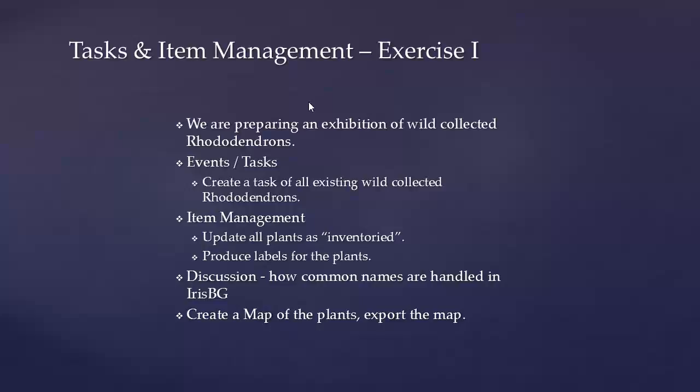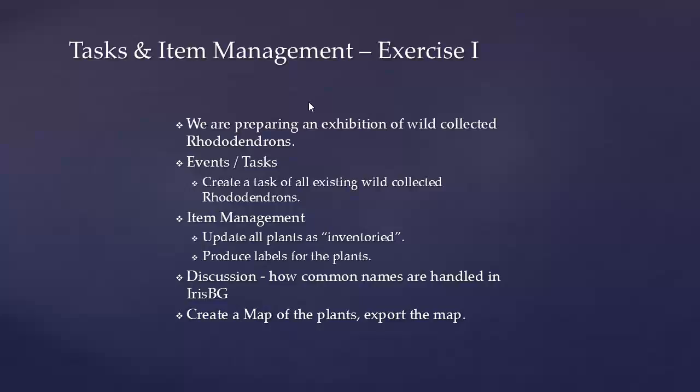So the story here is that we have in our garden an exhibition of wild collected rhododendrons. And we want to do a few things about that. We want to make sure that we have good labels on them, etc. So we're going to start by preparing a task.